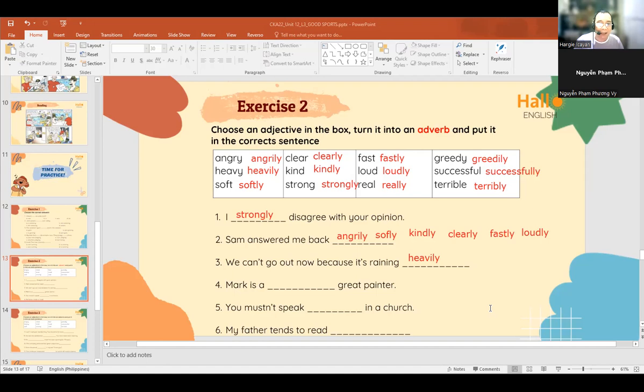Mark is a ... great painter. Mark is a clearly great painter? No. So Mark is a what?